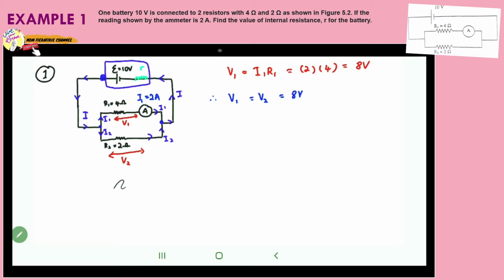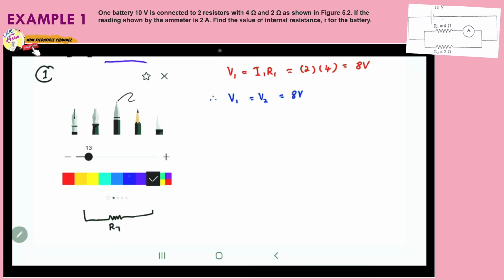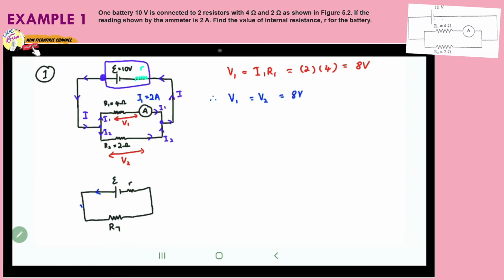If we simplify this circuit, let's say we combine R1 and R2, and it will become R total, and here we have the internal resistance and this is the EMF, so we're going to have current I. Since I is equal to I1 plus I2, here we already know the value of I1, but I don't know the value of I2. So that's why I need to find the value of I2.